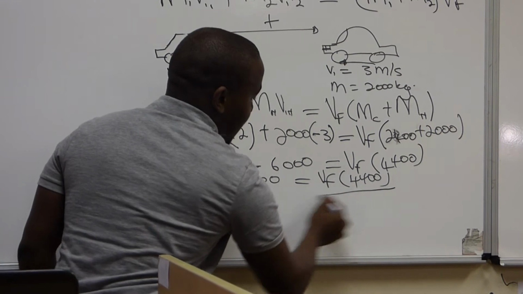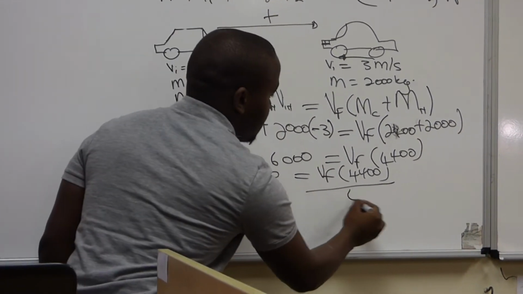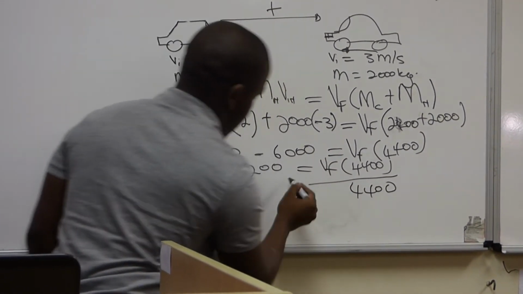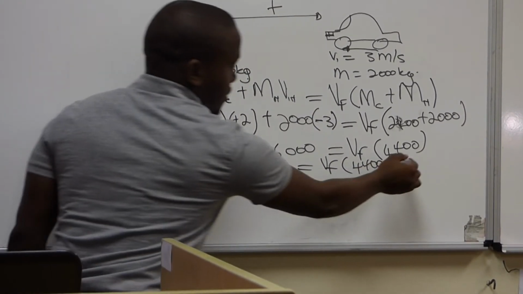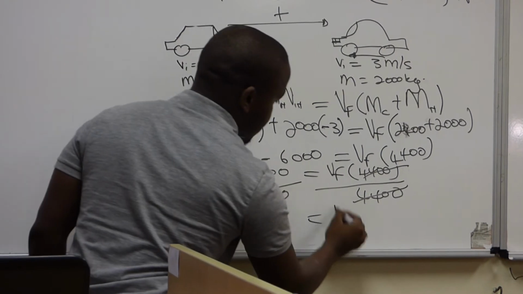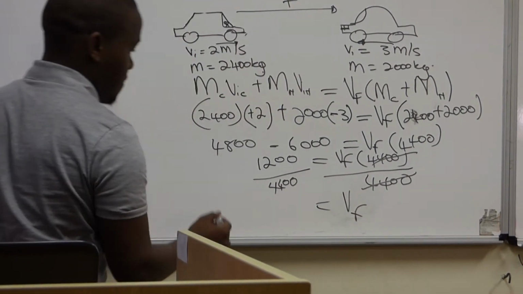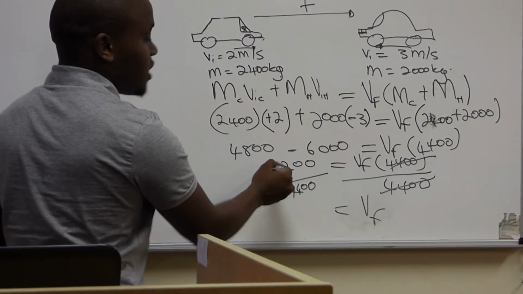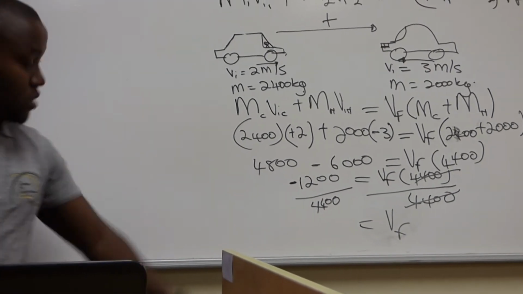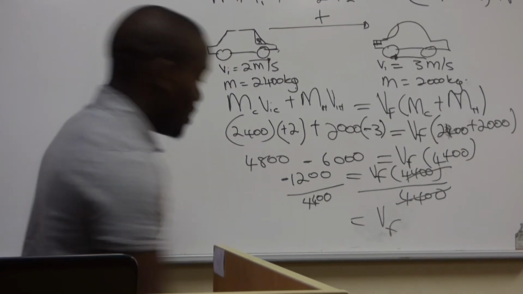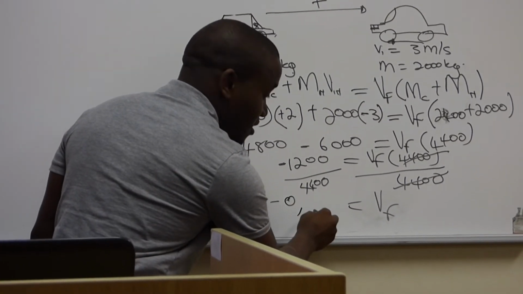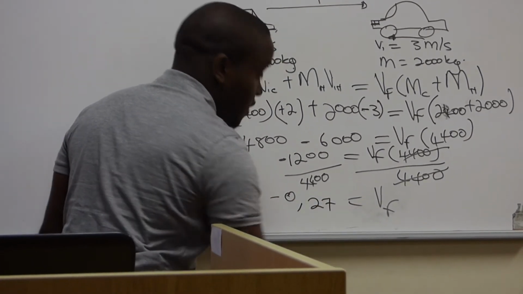Now I'm going to divide because I want to solve for VF. I'm dividing by 4.4. Now this cancels this, and I'm having VF equal to negative 1.2 over 4.4, which is negative 0.27.